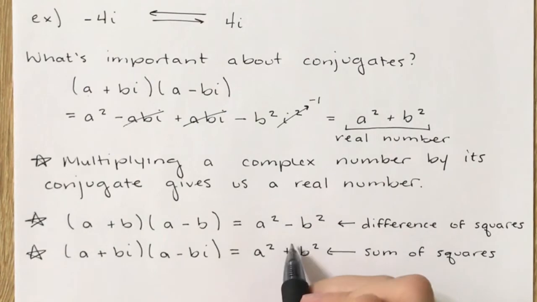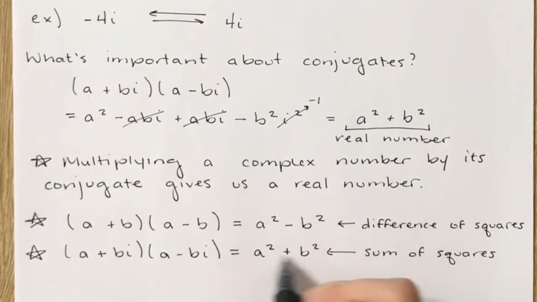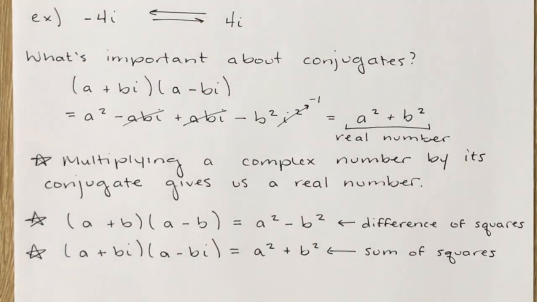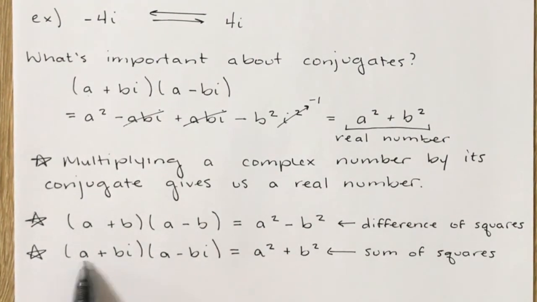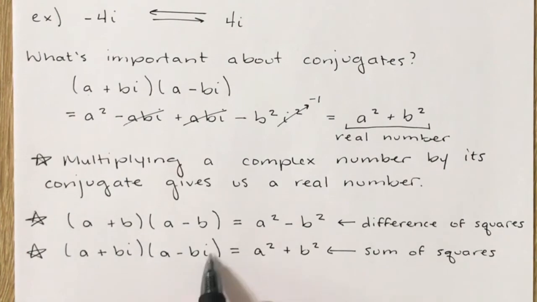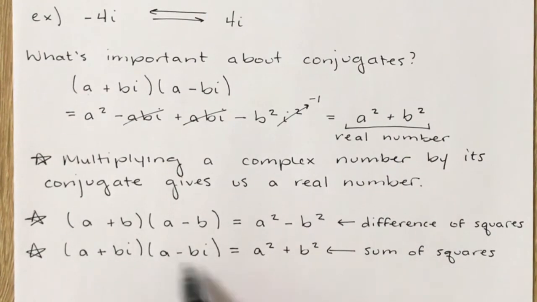The difference of squares is two squares and the difference between the two. This is two squares and the sum of the two. If I have a sum of squares, then we still have this a plus b, a minus b type structure, but b is multiplied by i in both factors. If we have a squared plus b squared, it's going to end up like this.